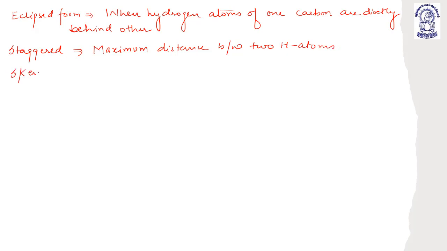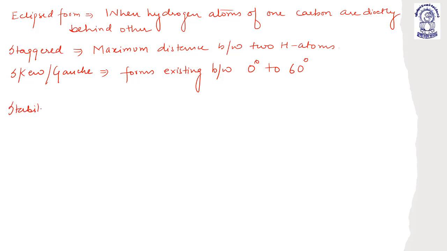Skew form or gauche: intermediate, different forms which exist between eclipsed and staggered. Okay.